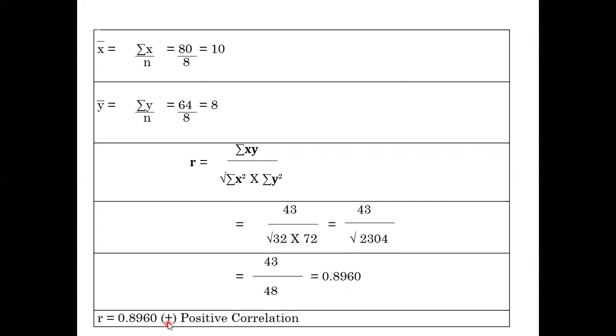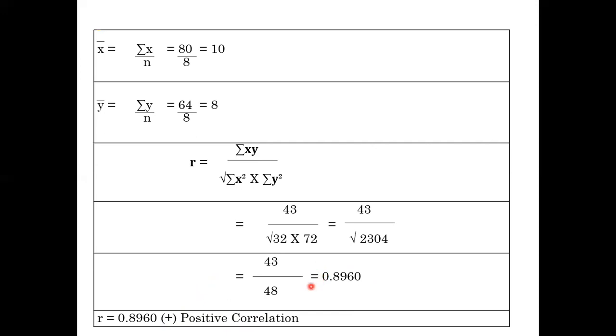Remember, students, one thing. Whenever you are computing the Pearson coefficient of correlation or rank correlation, you have to put the plus or minus sign. For this also in the exam, you will get 1 mark. If you do not write the plus or minus sign, whether it is a positive correlation or negative correlation, you will lose 1 mark.